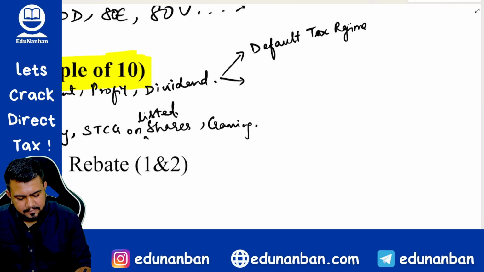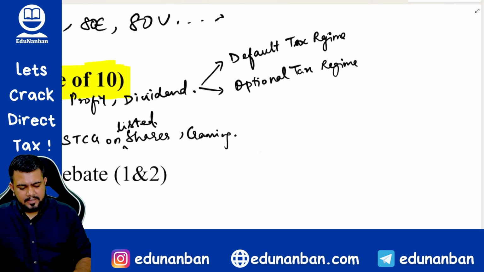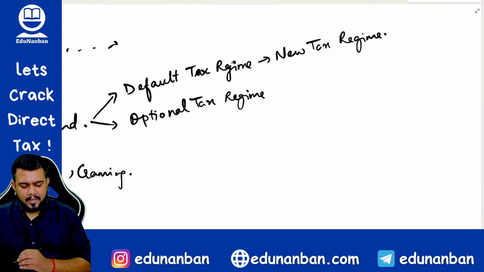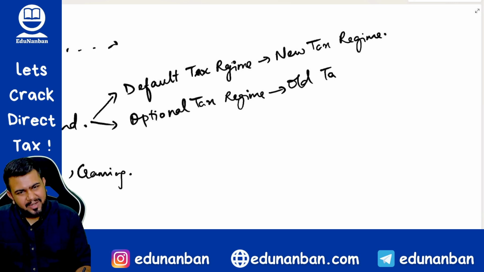The second one is the optional tax regime, which is also called the old tax regime.